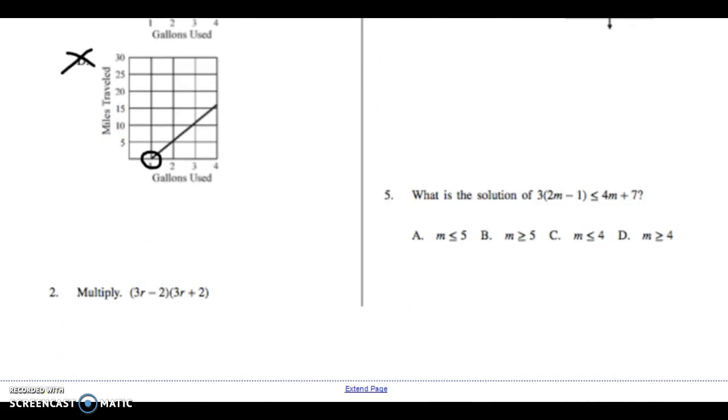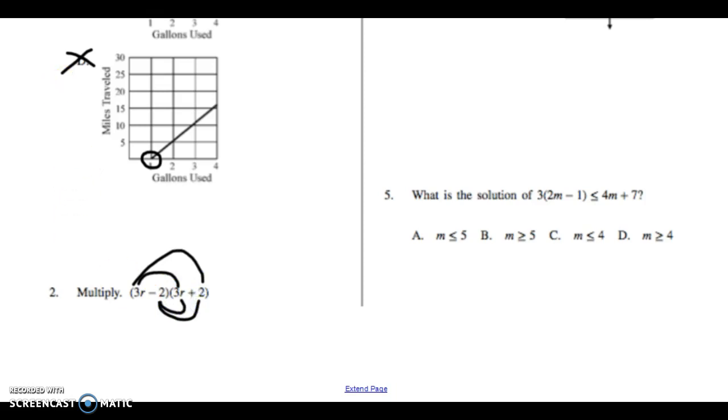For the second one, as I said in class, people got mixed up with multiplying. Your method should be double distributive: 3r times 3r, 3r times 2, negative 2 times 3r, and negative 2 times 2. If you put those all together, you should get 4 different terms.